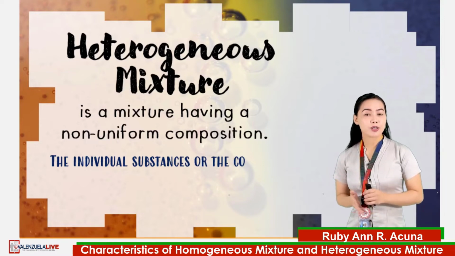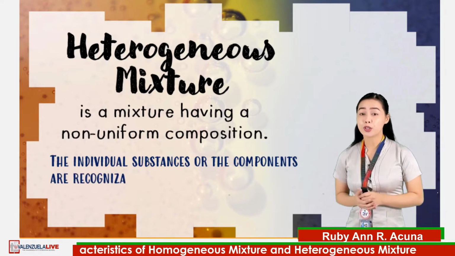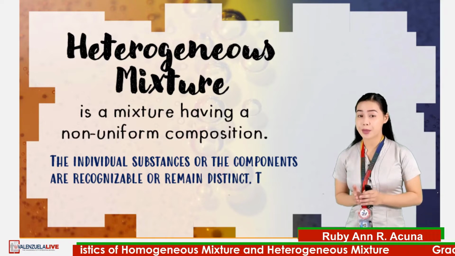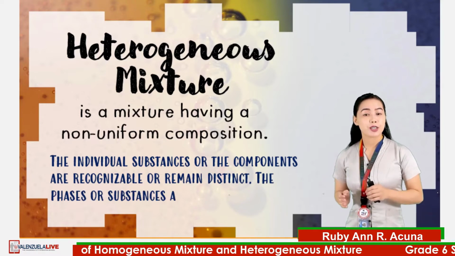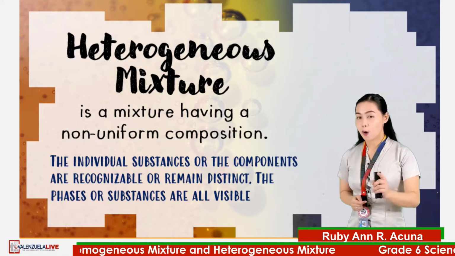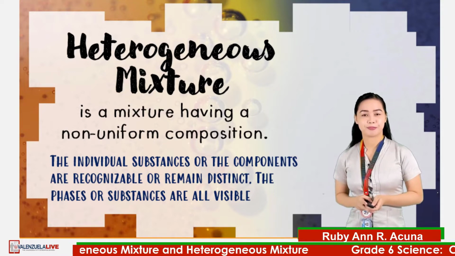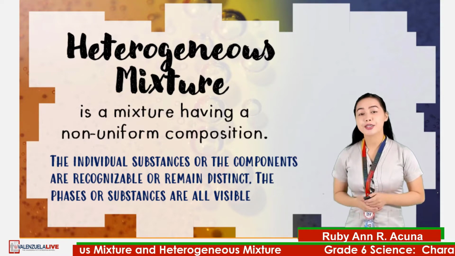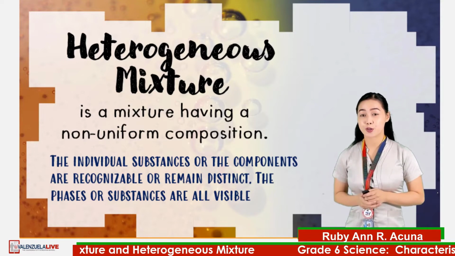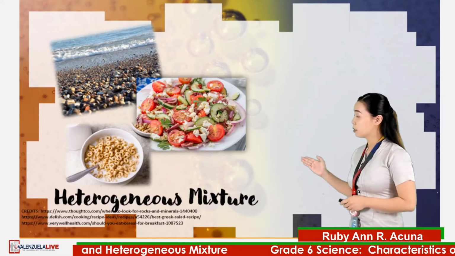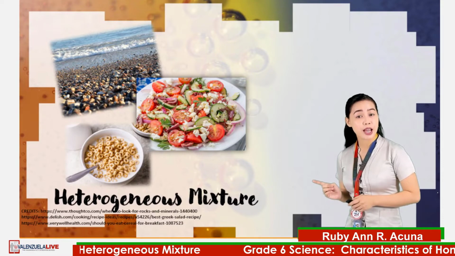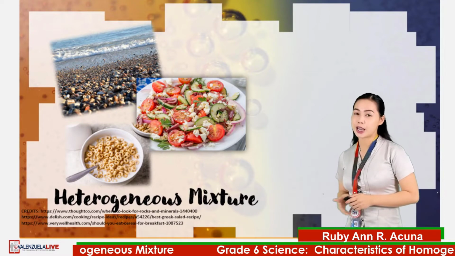The individual substances or the components are recognizable or remain distinct. The phases or substances are all visible. Some other examples of heterogeneous mixtures are beach sand, vegetable salad, and cereal and milk.